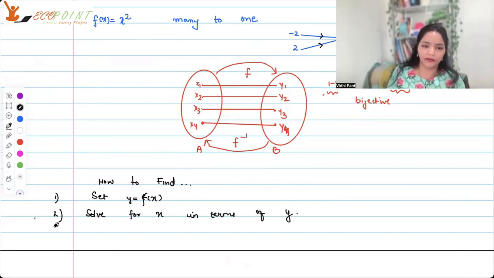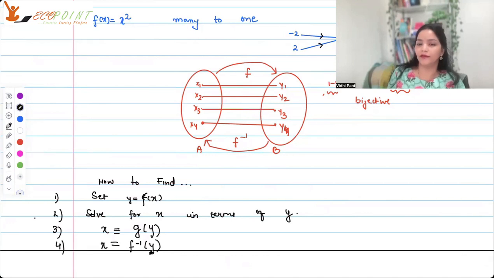And what will happen? You will find that x is equal to something in terms of y. In case the function is bijective, you will be able to generate that x is equal to f inverse y.